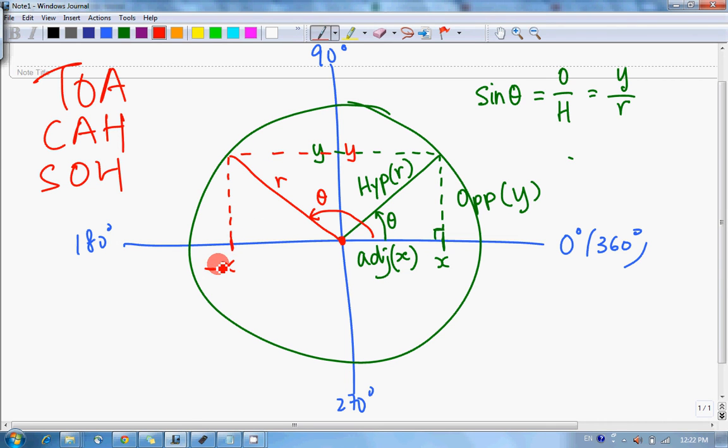Okay, notice that if I have this line here with this angle, I cannot form any right angle triangle. So what to do? In a case like this, we always take the hypotenuse, whatever this line is, with the x-axis to form the right angle triangle.